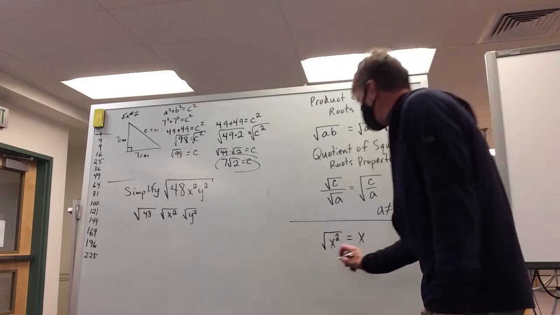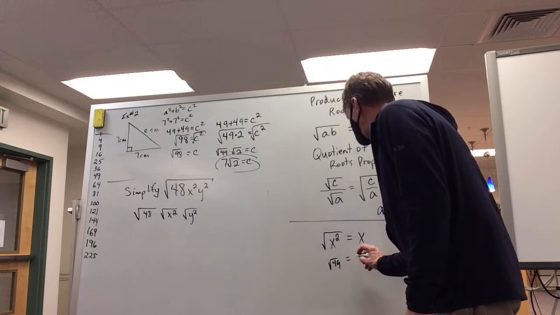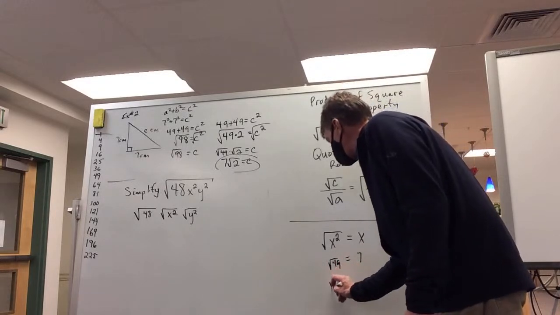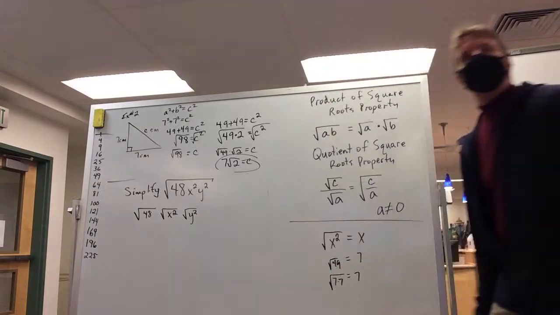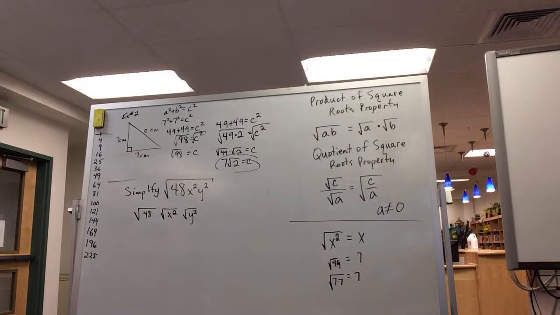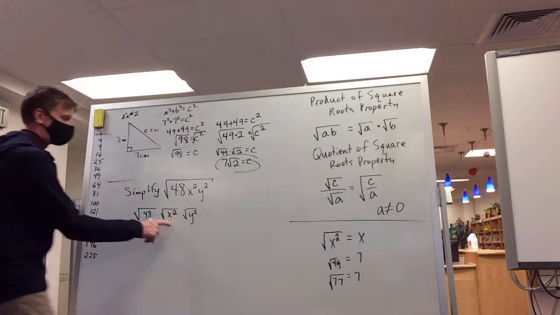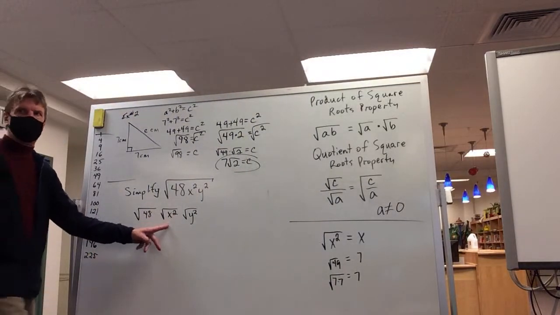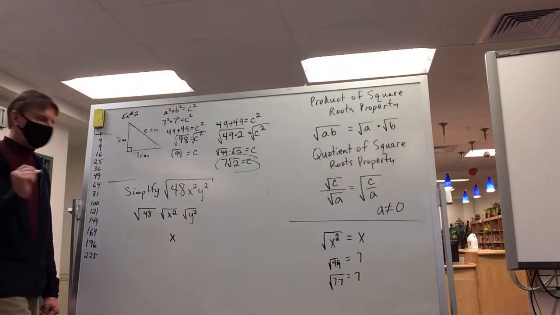You think about it, when we did the square root of 49, that's equal to 7, but 49 can be written as 7 times 7. So what is the square root of x squared? X. And what is the square root of y squared? It's y.